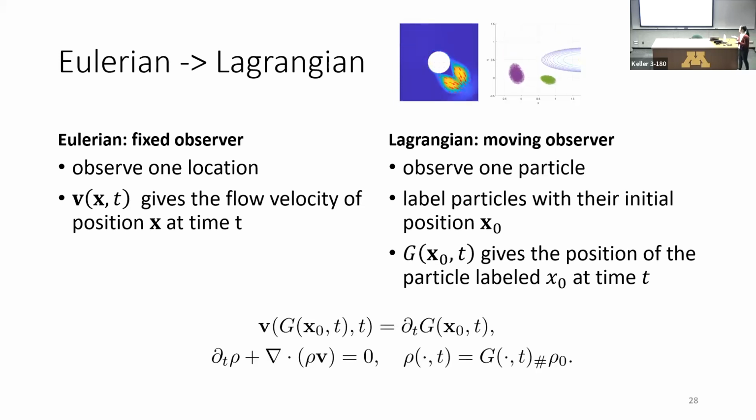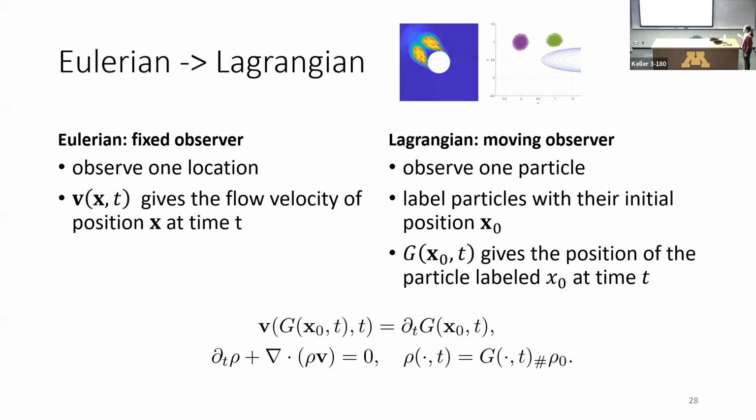And there is a relation between the Eulerian language and Lagrangian language, which says the time derivative of the solution map is actually the velocity. And if every particle follows this v to evolve, then the density distribution at time t is given by this push forward map.